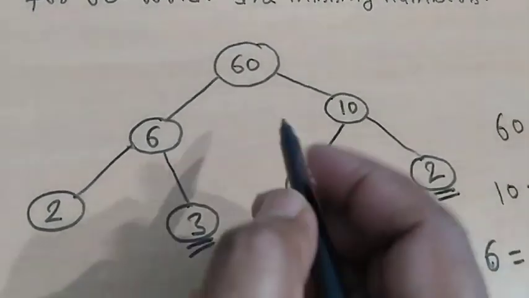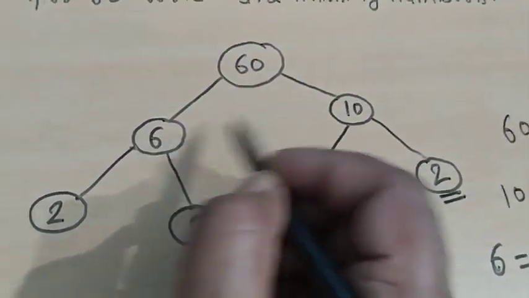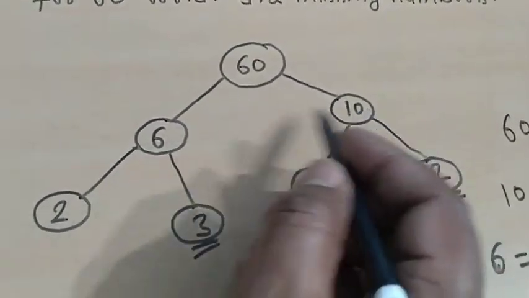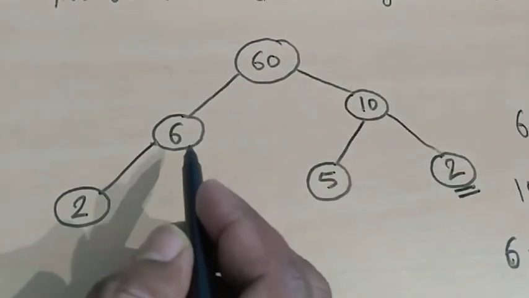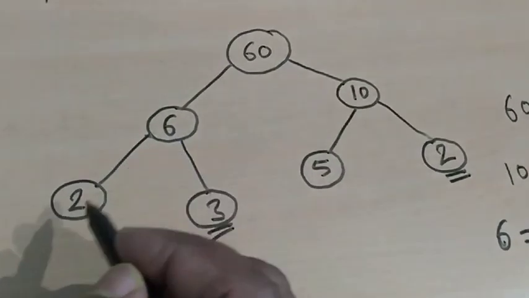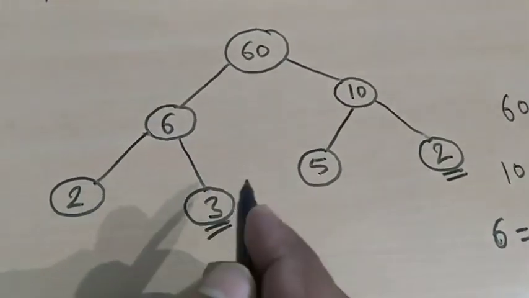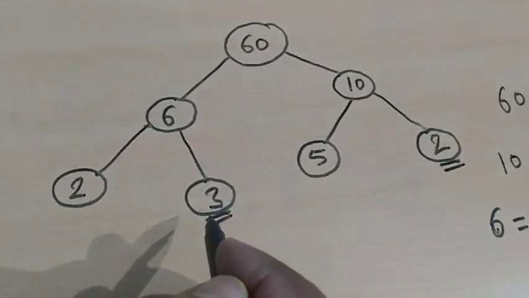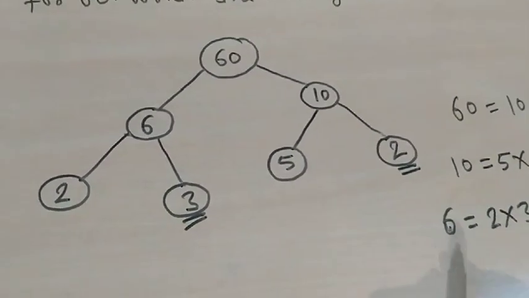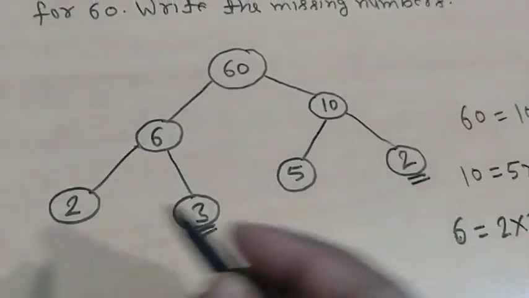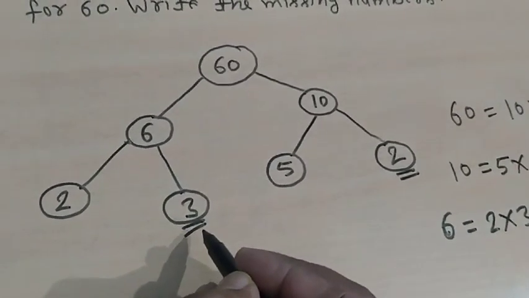First we break 60 into 2 parts, 6 times 10. Okay, 6 times 10 is 60. And now we break 6 into 2 parts: 2 is given and 3 is not given. This is the missing number. We know that we can write 6 as 2 times 3, so here 2, and here you can write 3.